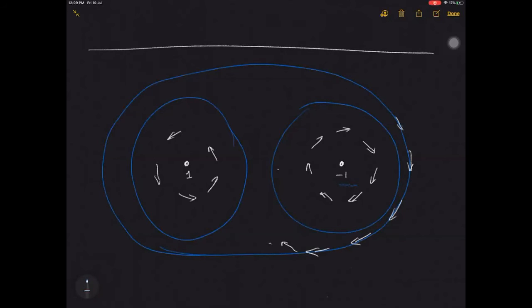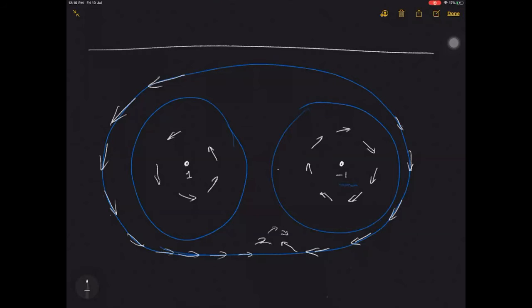So let's see. You see that I think my drawing is not very good, but the net vorticity would sort of cancel if I go along this loop, and I would get a net vorticity of 0.